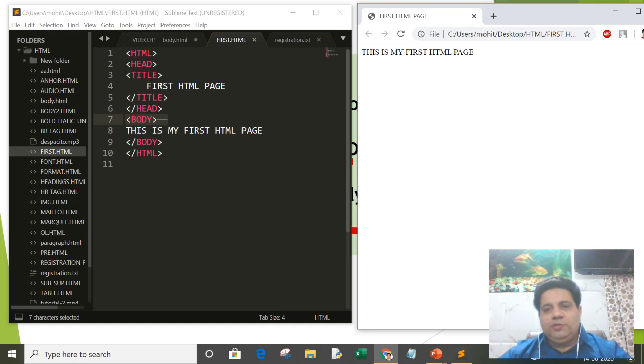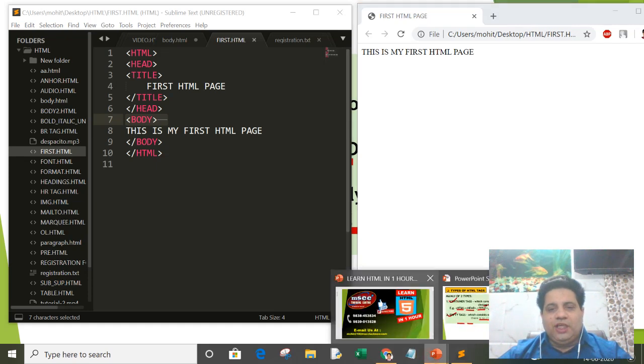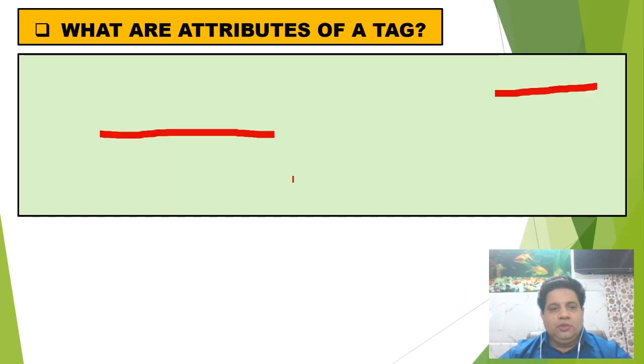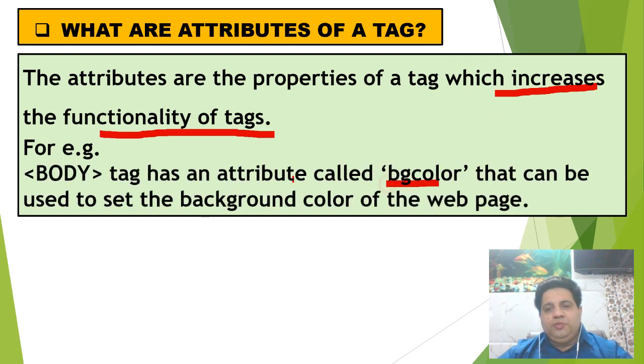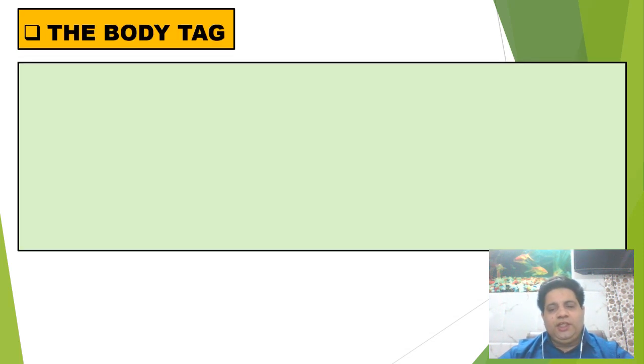But if you want to change the background of the page to yellow, blue, green or red, you can use the attribute of the body tag. For example, the body tag has an attribute called BG color that can be used to set the background color of the web page.